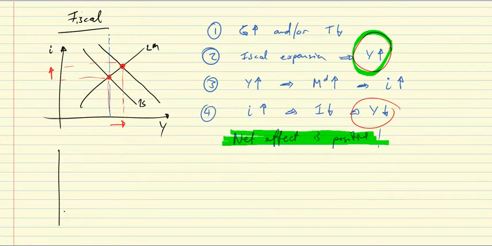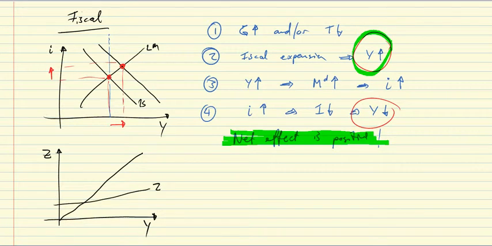Let's look at that separately in the goods market and the financial market. So we have Z and Y in the goods market, and we have an initial Z1, and then we get a fiscal expansion which shifts us up from the first goods market equilibrium to the second one.